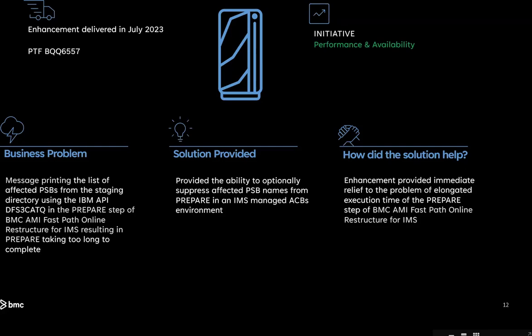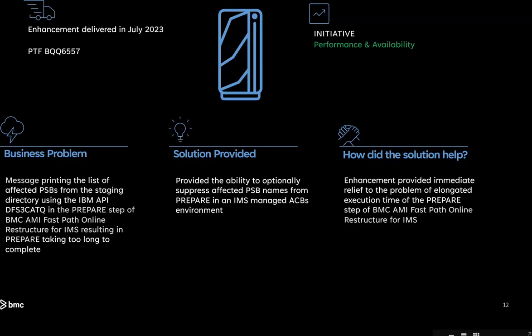The prepare step was taking too long to complete, and this was because of the initial design that was in place for this particular product. This was a performance problem, and it was important to reduce the elongated prepare execution time.